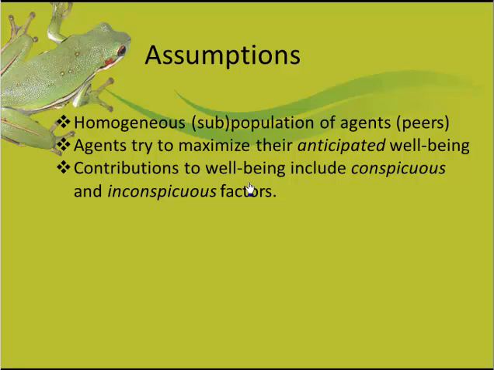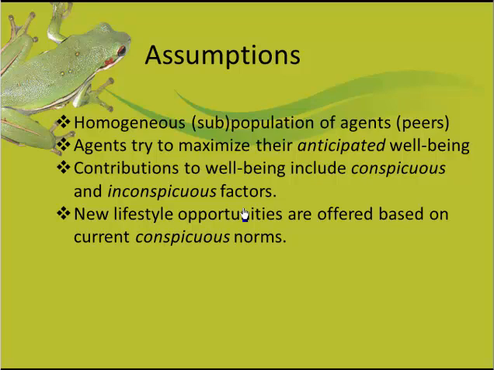Also could be civic involvement, things that people know about you that affect your well-being. On the other hand, there are inconspicuous factors: peace, reflection, private time with family, things that are not so open and obvious to others around you.